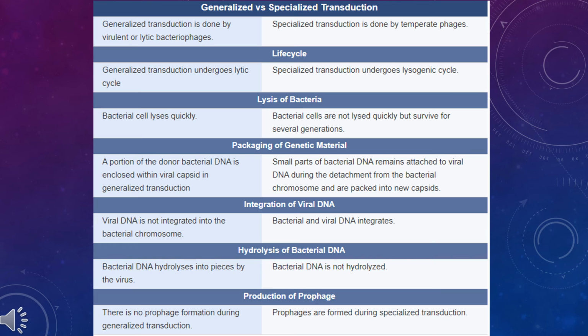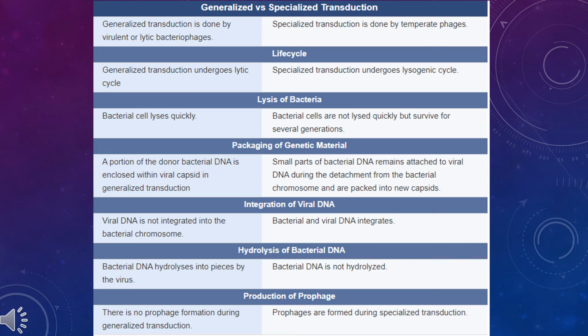And in packaging of genetic material, a portion of the donor bacterial DNA is enclosed within the viral capsid in generalized transduction, while in specialized, small parts of bacterial DNA remain attached to viral DNA during the detachment from the bacterial chromosome and are packed into new capsids. In integration of viral DNA, the viral DNA in generalized is not integrated into the bacterial chromosome, while in specialized, bacterial and viral DNA are both integrated.